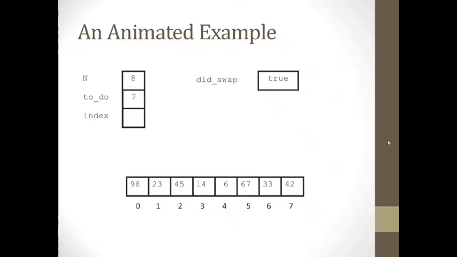Now observe this animated example. Say we have an array of size n equal to 8 and an iteration count of 7, as denoted by to do. The index shows the position of the iteration made, whether it is a comparison or a swap.